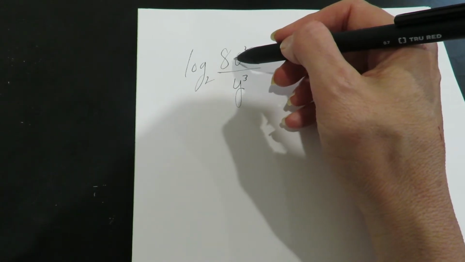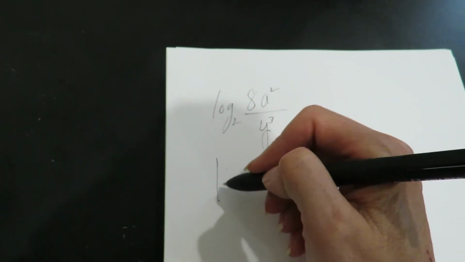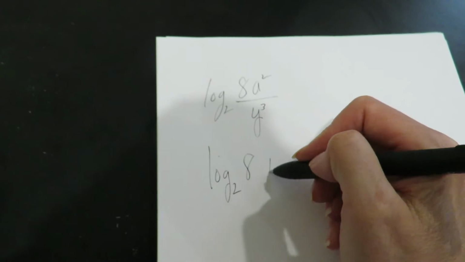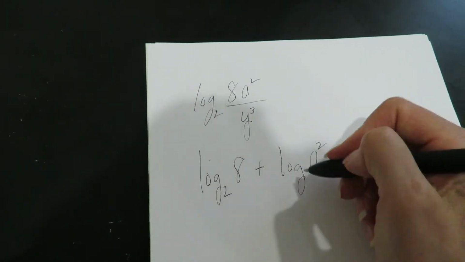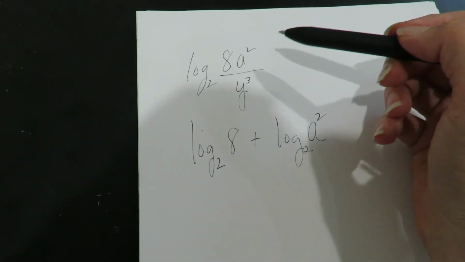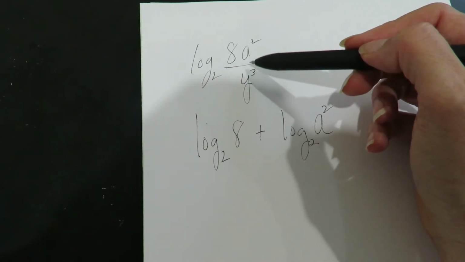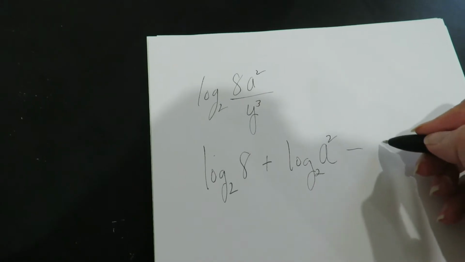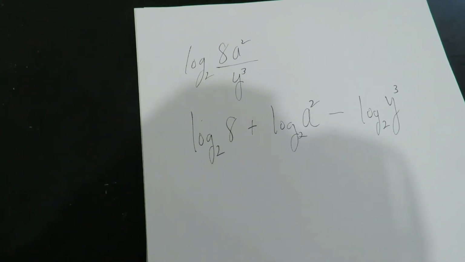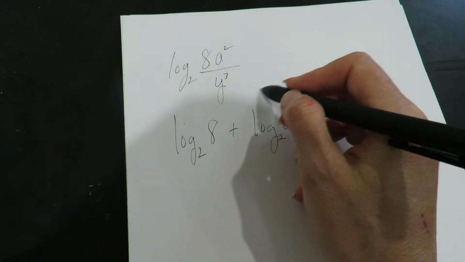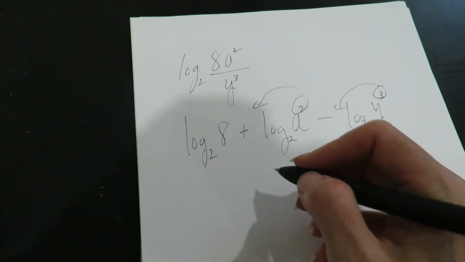So between these two is multiplication. So that breaks to addition. This one you're dividing, so that breaks to subtraction. Now, for these on the end, I can bring the exponents down.